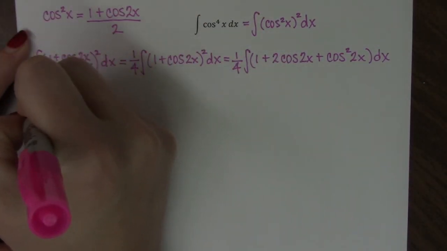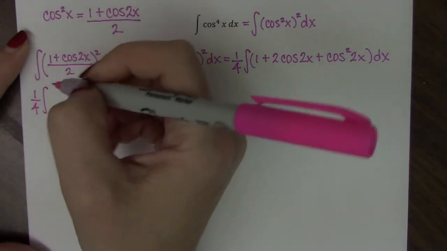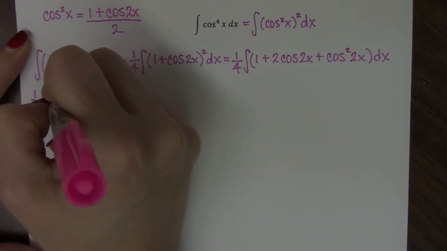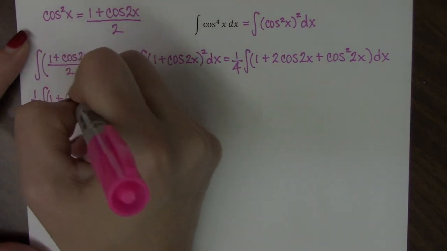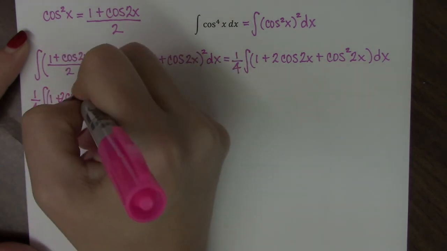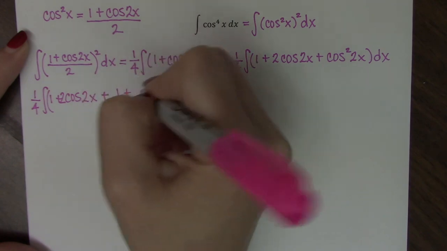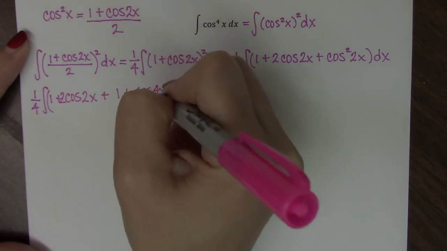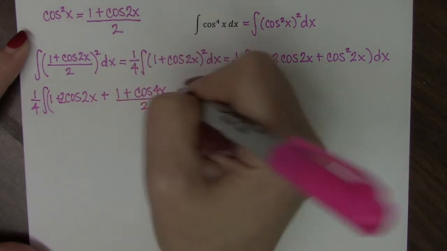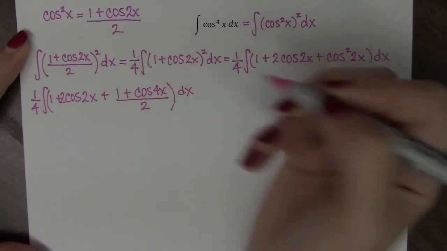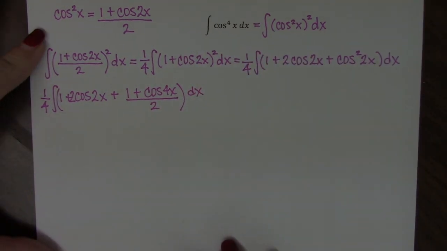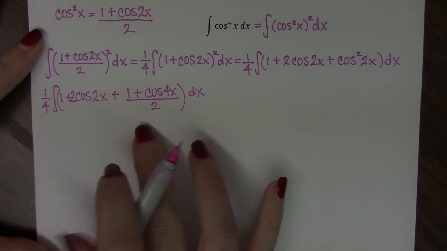So I still have my 1/4. I'll have 1 plus 2 cosine 2x plus 1 plus cosine of 4x all over 2 dx. So before I integrate, I want to clean this up just a little bit.